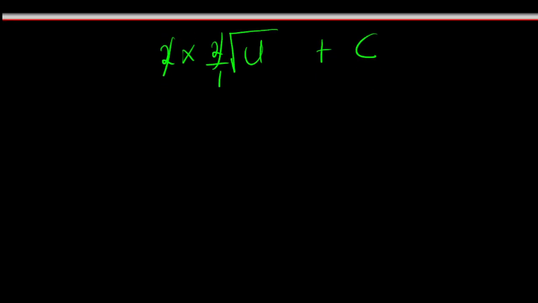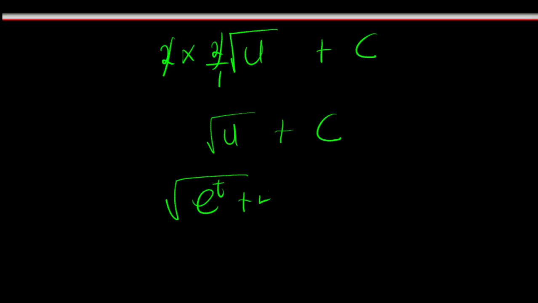So finally I'm left with root u plus c. And what is u? u is e^t + 4. So the answer is root of (e^t + 4) plus c. Hope that is clear, right?